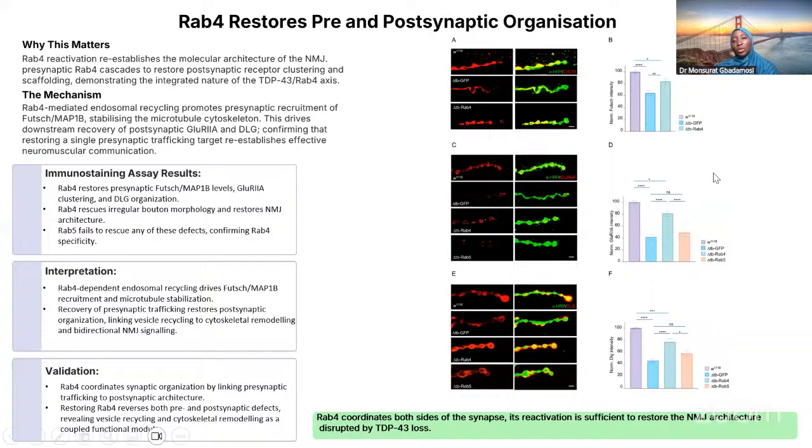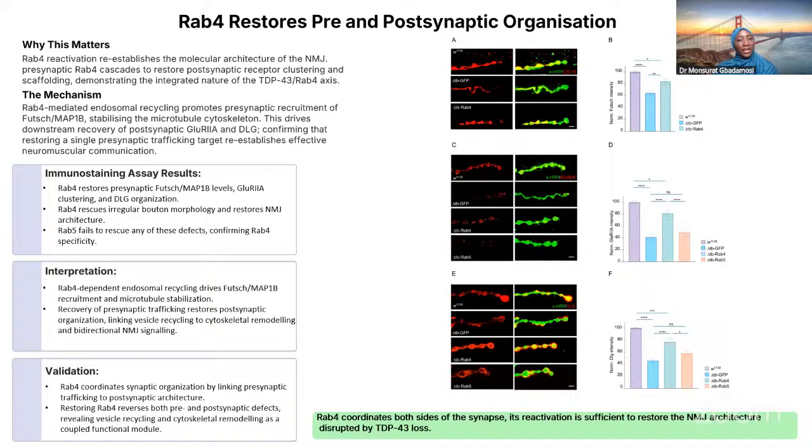So at the postsynaptic side, we stained for the clusters of glutamate receptors and for the scaffold protein DLG. Both of them were recovered when we overexpress RAB4, which is interesting.